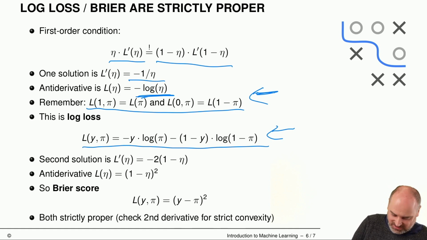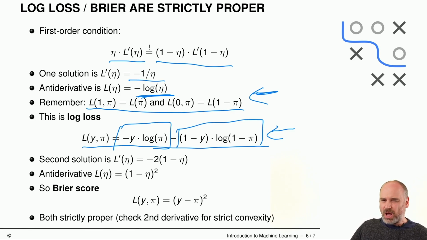Really, you can also easily see this, right? We have this term here for the y equals 1 part, and this here for the y equals 0 part. But we do know this guy, right? That's log loss, that's Bernoulli loss. So we can immediately see that our log loss satisfies this first order condition.